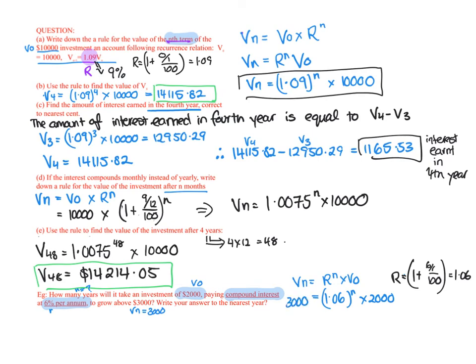Can you see the only thing we don't know is n, and that's the question. So we'll pop in solve, comma n, and what do we end up getting? n equals 6.9, so therefore after 7 years. It said the nearest year, so after 7 years.